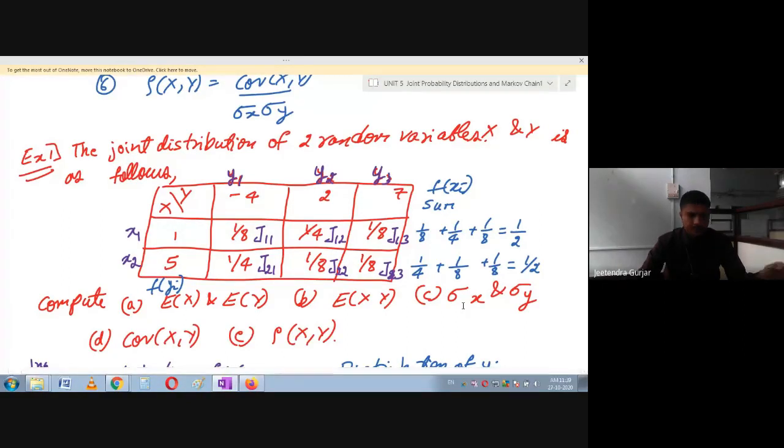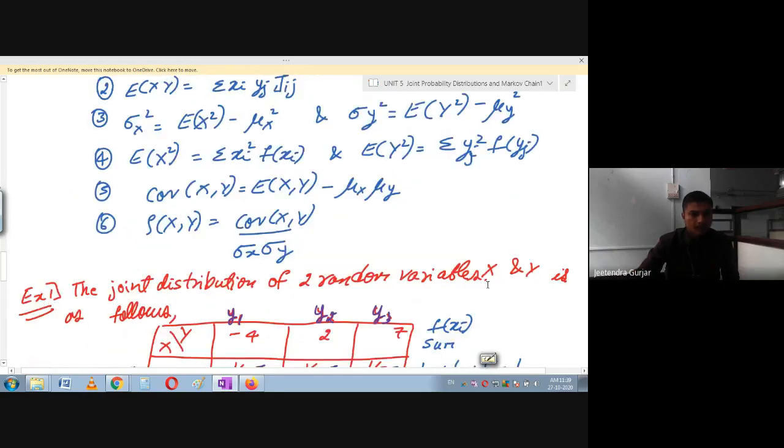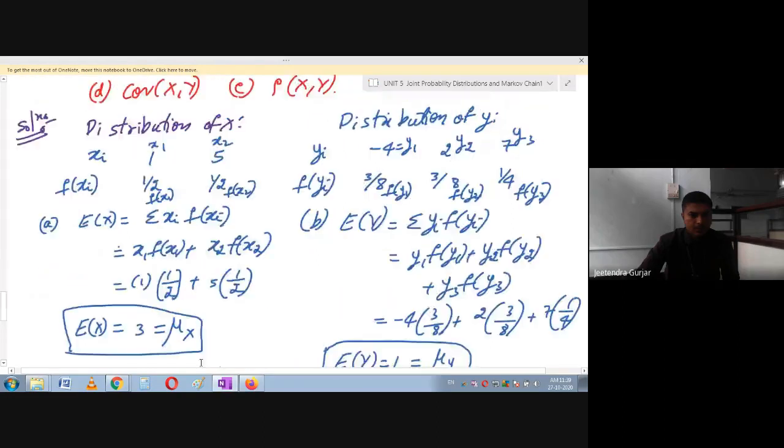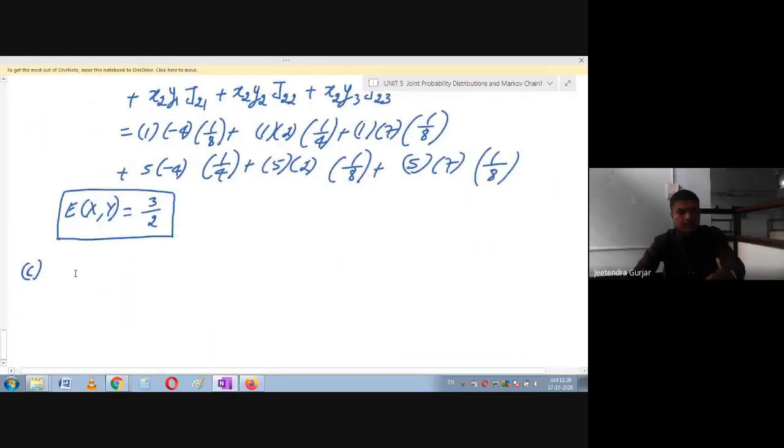This is C1, standard deviation, that is sigma square x and sigma y square. So this formula you have come across here. Yes, this formula I'm going to use. You just wait. So I'm going to use this formula here, students, and substitute the values now.